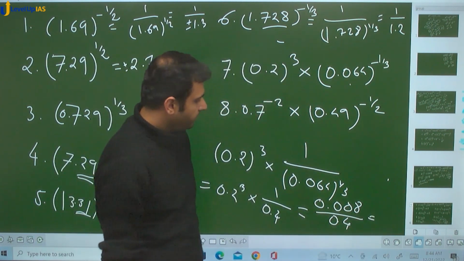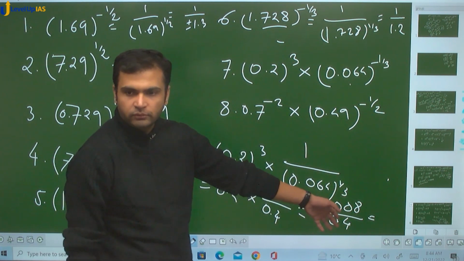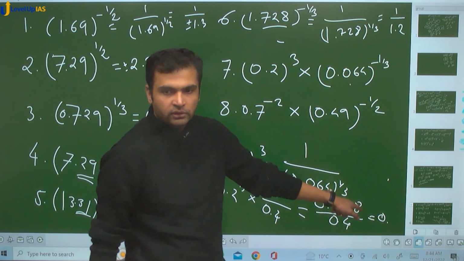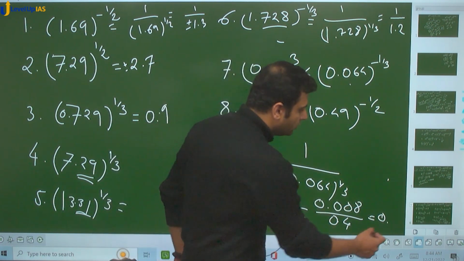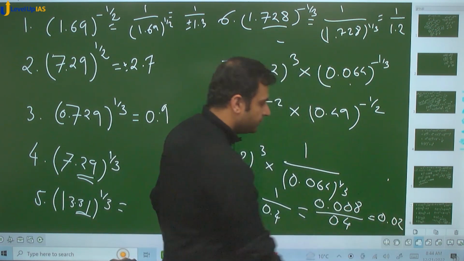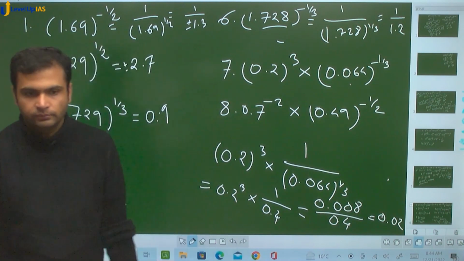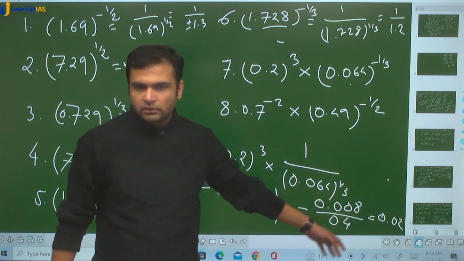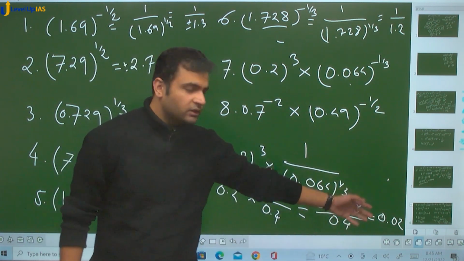What will the division be? 8 divided by 4 is 2, and the decimal point would come here 3, here 1. 3 minus 1 is 2. Or you can multiply by 1000 to the numerator and denominator, and then come to that answer. No issue.